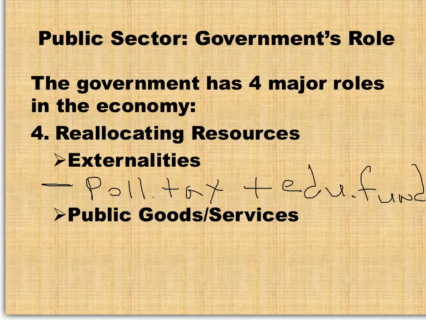By providing or not providing these, the government somewhat reallocates resources. And whether or not a good is a public good that should be provided by the government depends on two things, which I'm going to abbreviate very shortly. One is excludability. If something is not excludable, it should likely be a public good. Let me give an example. Streetlights.